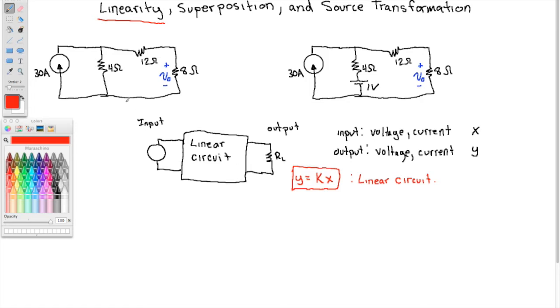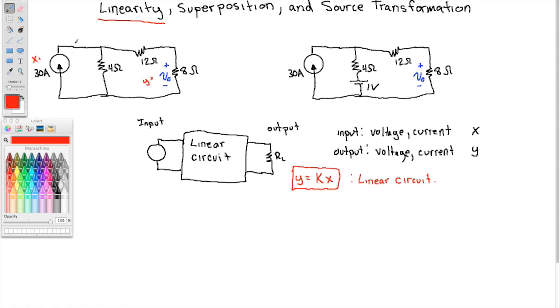Okay. Well, let's come up here. Let's look at this circuit on the left, and let's try to figure out, is this a linear circuit or not? So let's say the input here is the current source X, and the output here is the voltage across this resistor.